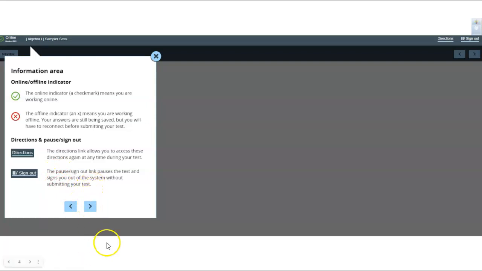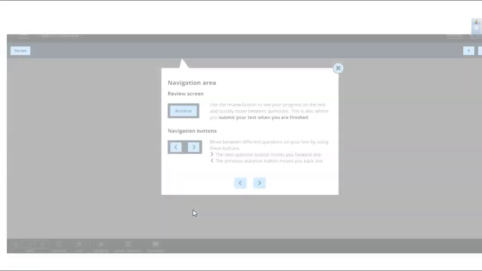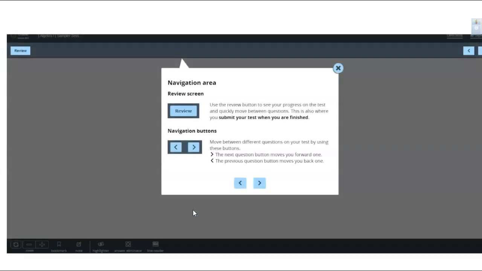So then the next thing we look at is the review screen. So you use the review button to see your progress on the test and quickly move between questions. So remember, you have to put all this stuff down on a piece of paper.